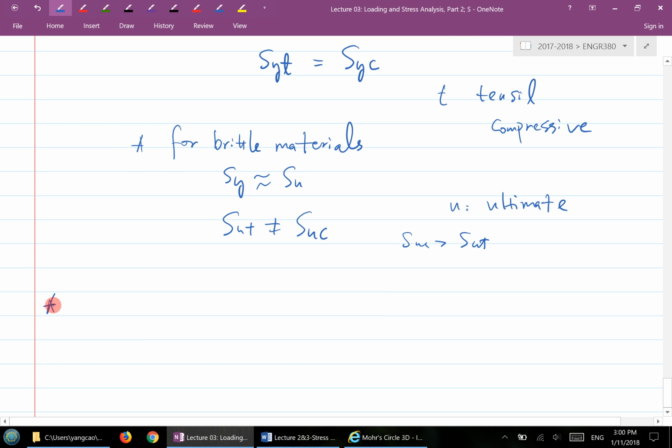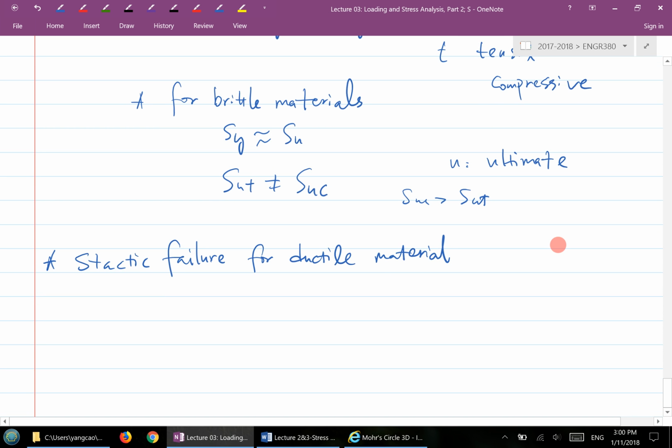Okay, so now let's get into the actual pictures. As I said, let's look at the static failure for ductile material. And we're going to present two different failure theories that are common for ductile material.